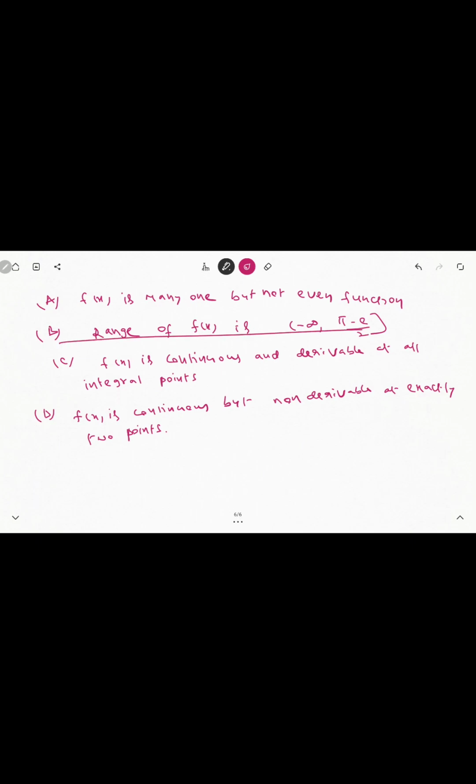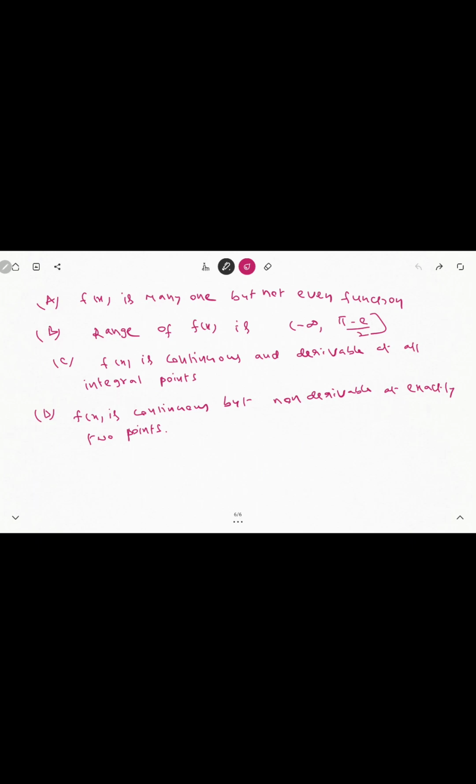Range of the function is minus infinity to pi minus e by 2. Third one is f of x is continuous and derivable at all integral points. Option D is f of x is continuous but non-derivable at exactly 2 points.